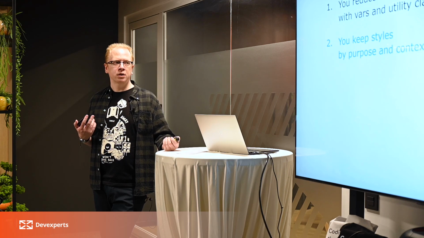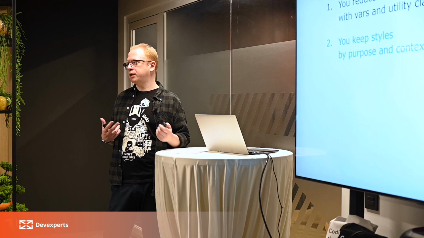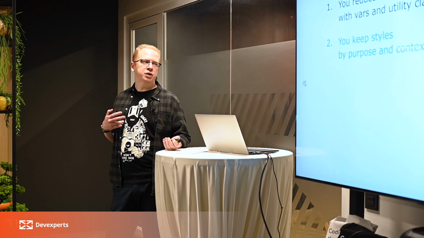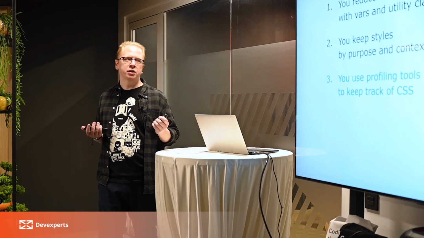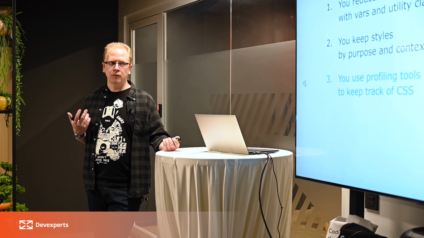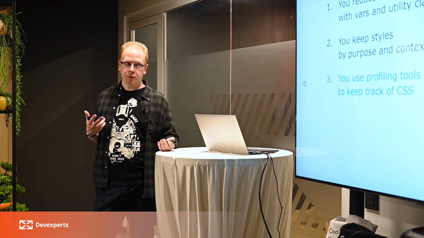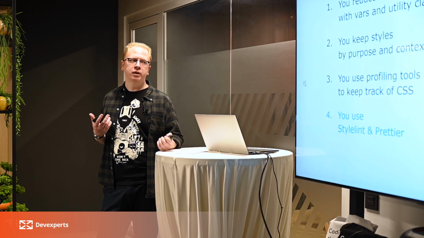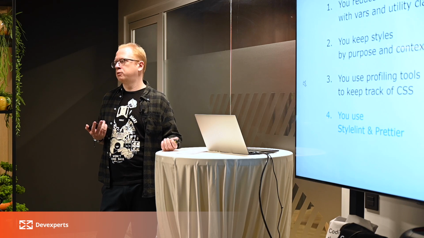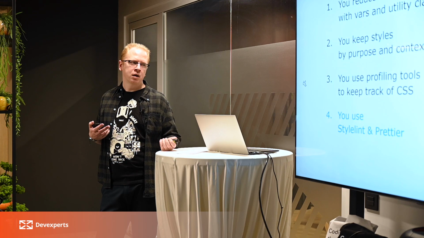You could organize your styles by semantics, by purpose and context, so it would have a more readable, more reasonable structure. You could use profiling tools to track the redundancies and some errors that might occur when your system grows big. You can use stylelint and prettier to keep your code clean and concise.